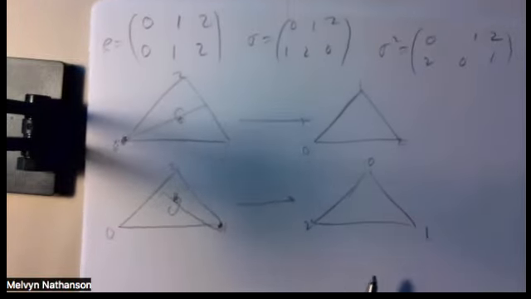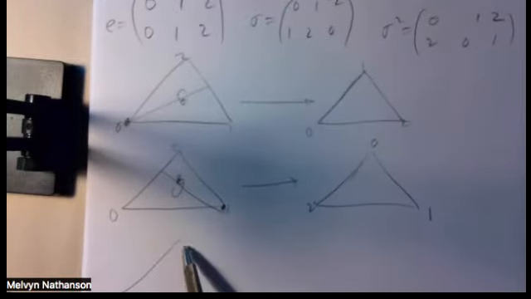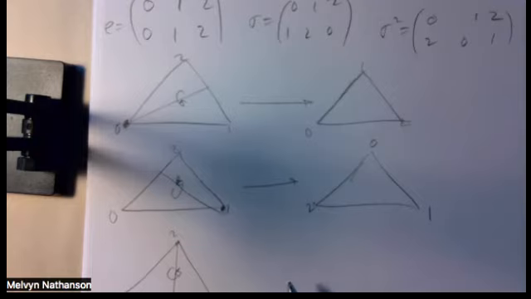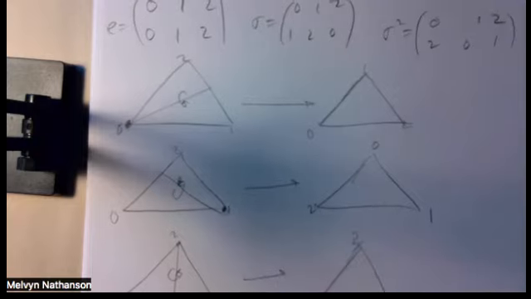And then the third reflection is, here's my triangle, drop the perpendicular from 2 to the opposite side, rotate around that altitude. So 2 stays fixed, but 0 and 1 are interchanged.